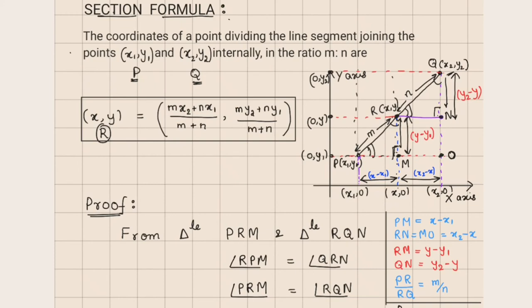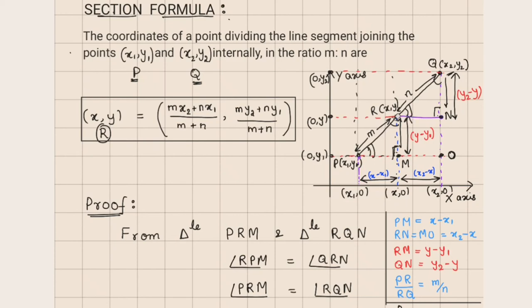Similar to the previous proof we have done for the distance between two points, we will draw horizontal and perpendicular lines to the y-axis and x-axis. From Q, I have drawn a perpendicular to the x-axis, so the point on the x-axis will be x2 comma 0. Similarly, for P, it will be x1 comma 0. Similarly, for R, it will be x comma 0.